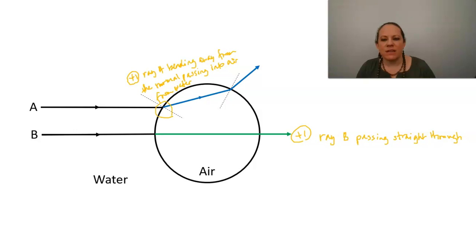So that's going to be this point right here. And then for this refraction point here, we're going to get 1 more point for ray A bending the opposite direction in relation to the normal.